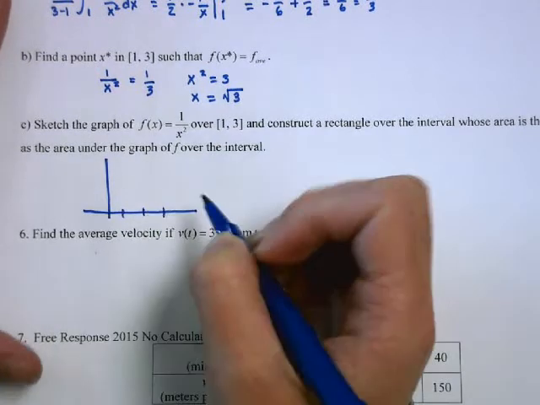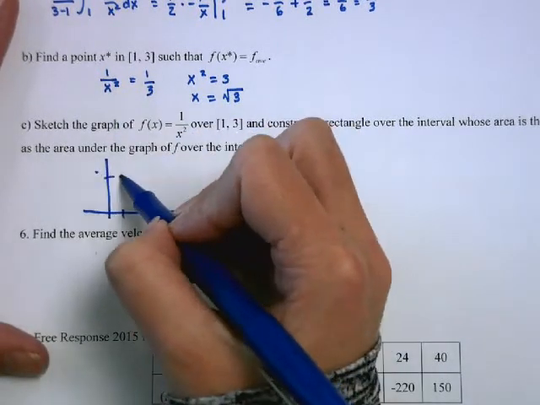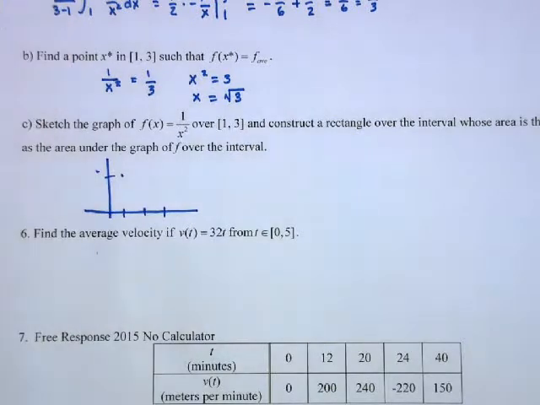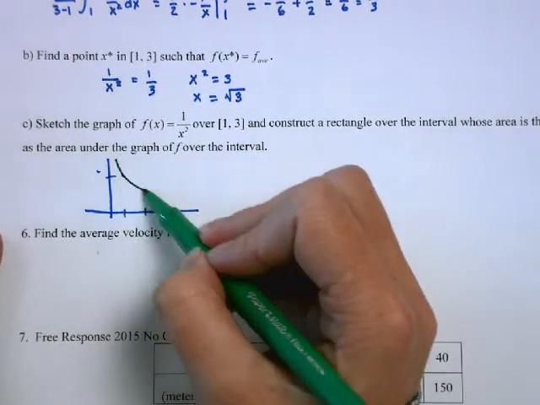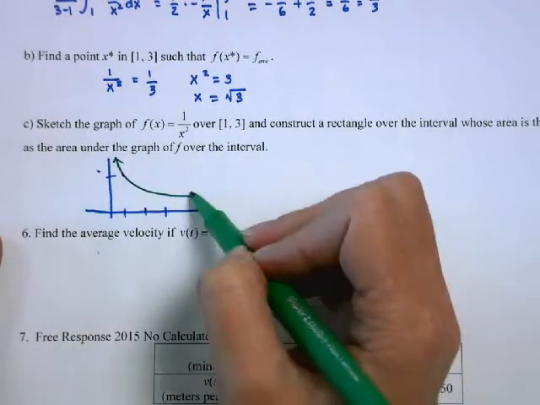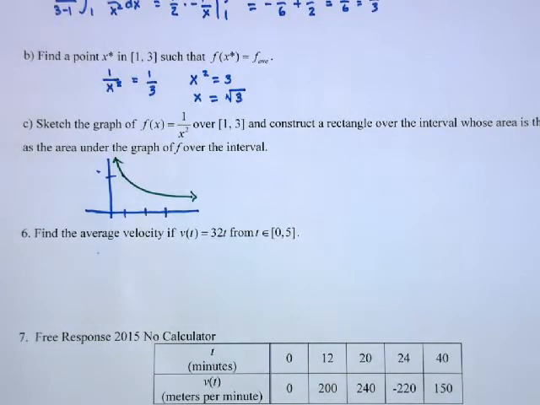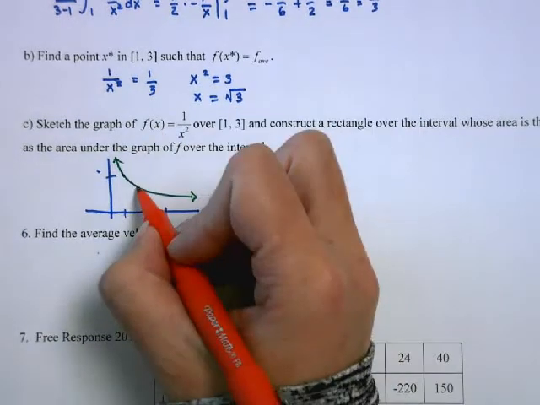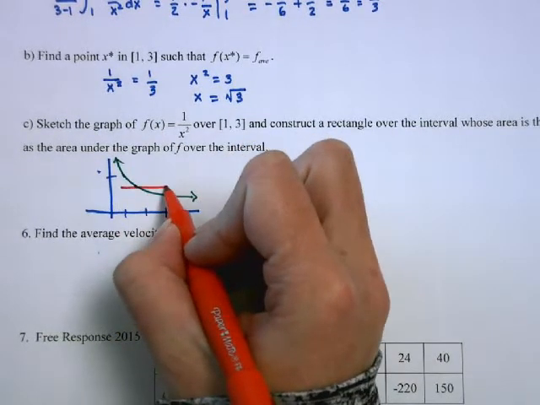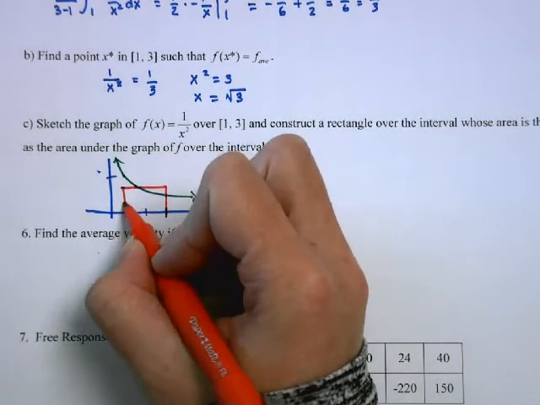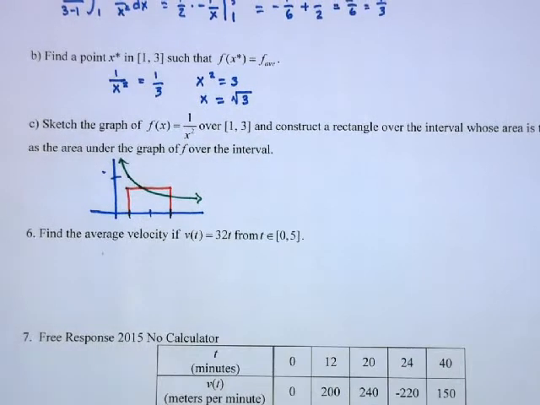So 1, 2, 3. f of 1 is 1, and then it's just going to get smaller. So the square root of 3 is going to be somewhere here-ish. So this rectangle equals the area under the curve there.